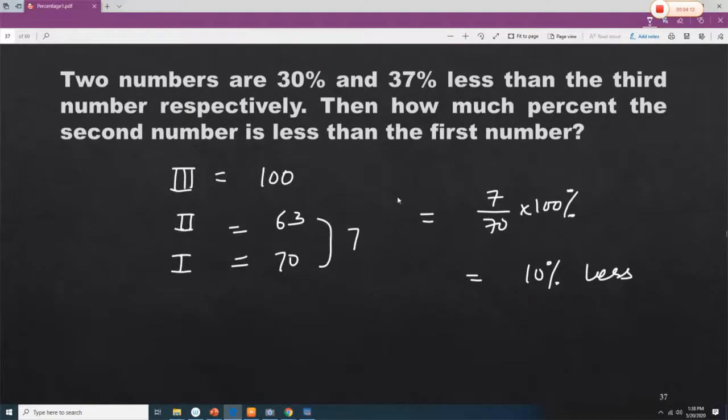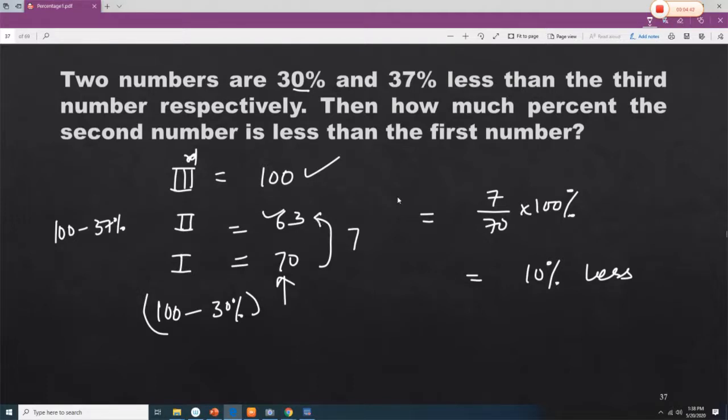Two numbers are 30% and 37% less than the third number. Let's say the third number is 100, and the two numbers respectively, it means the first number is 30% less. So 100 minus 30%, that comes to 70, and the second is 37% less, so 100 minus 37%, that comes to 63.